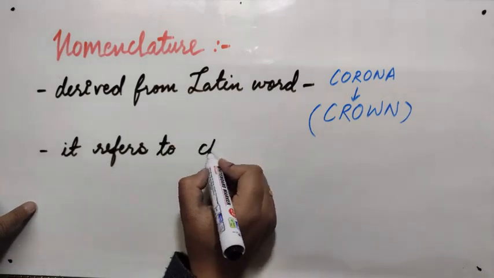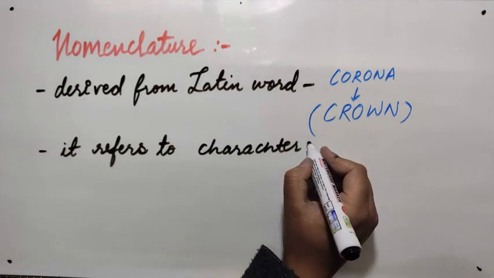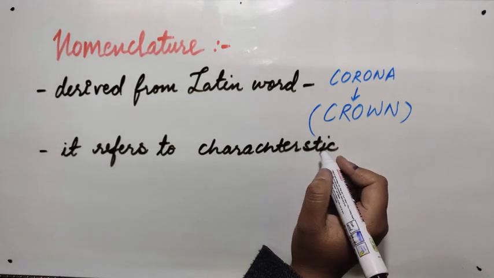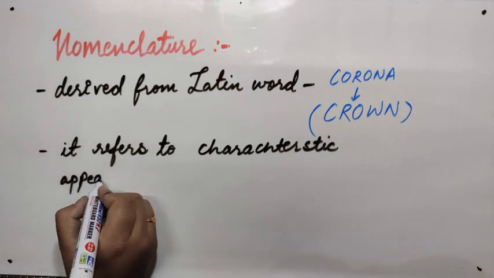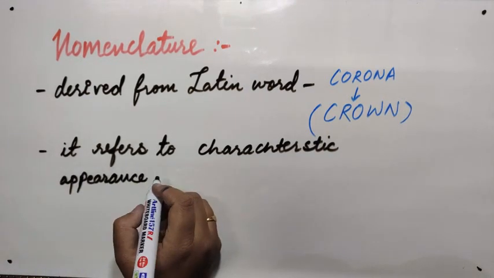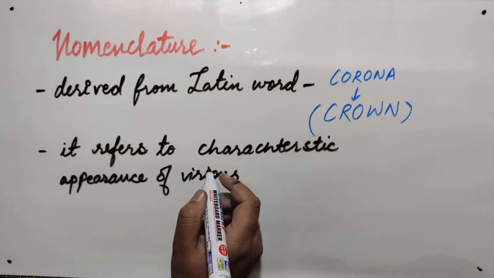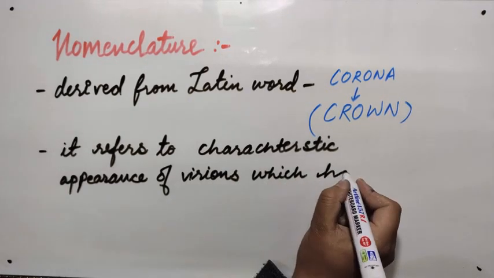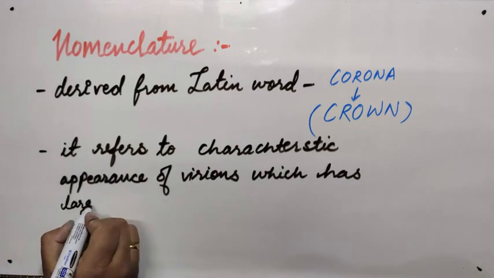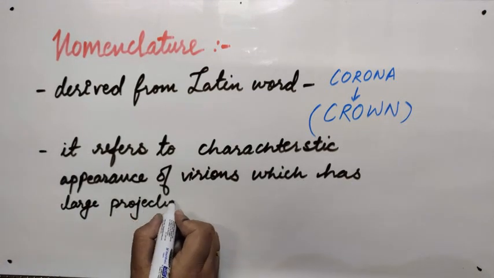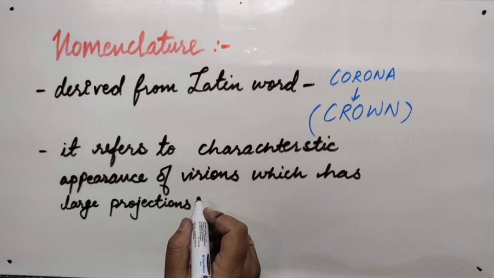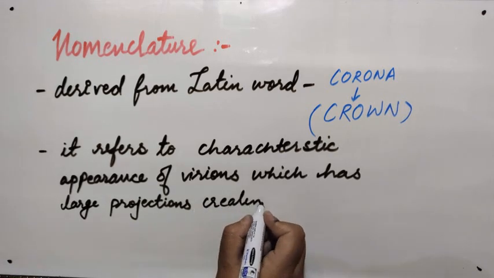Now, this refers to the appearance, which is a basic characteristic appearance of the virions, which have large projections or spikes, creating an image of the crown. So, corona.